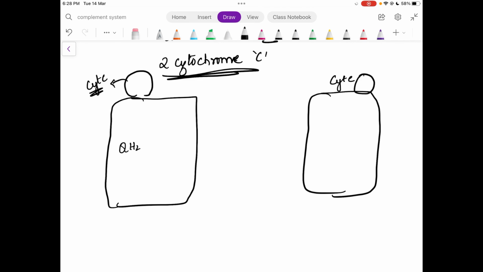Then we have two QH2s. One electron is donated to cytochrome C1, and again it is transported to cytochrome C. Okay, that is one electron.